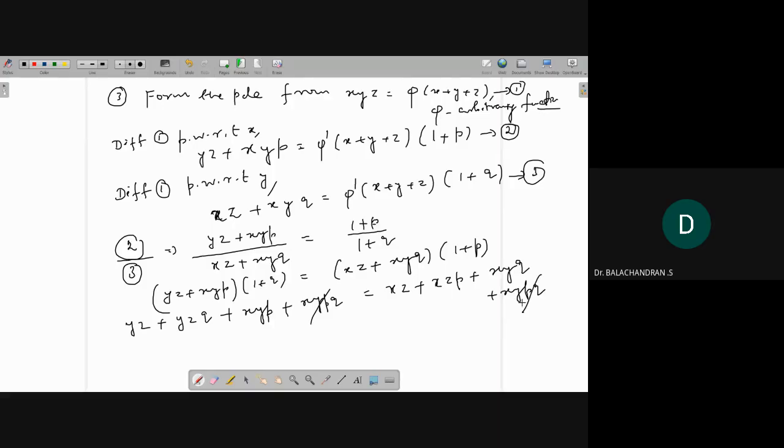xypq gets cancelled. So as I told already, you should take p terms separately. So p into xy minus xz, then q terms separately, plus q into yz minus xz, sorry, xy, equal to some function of xyz.